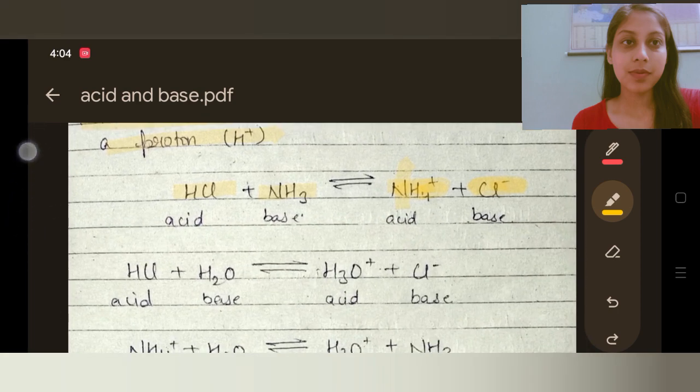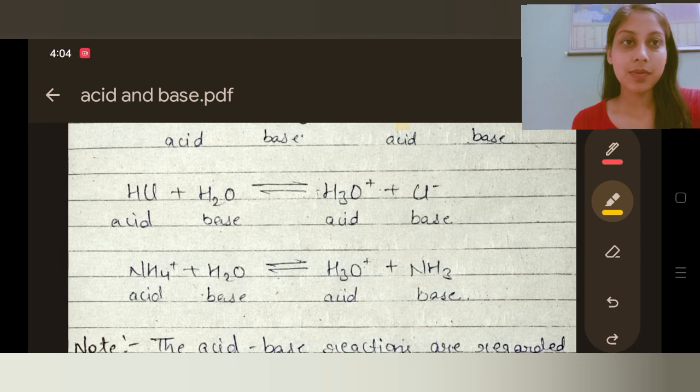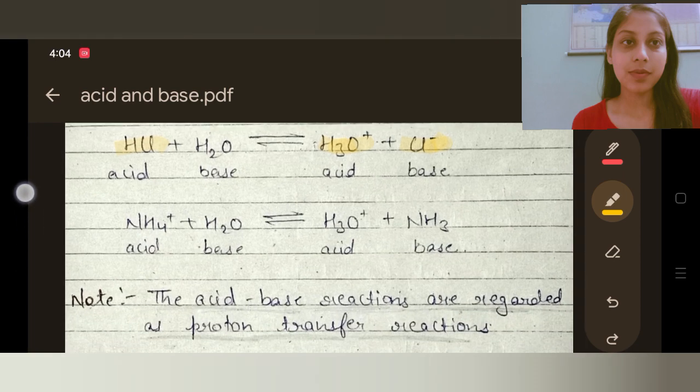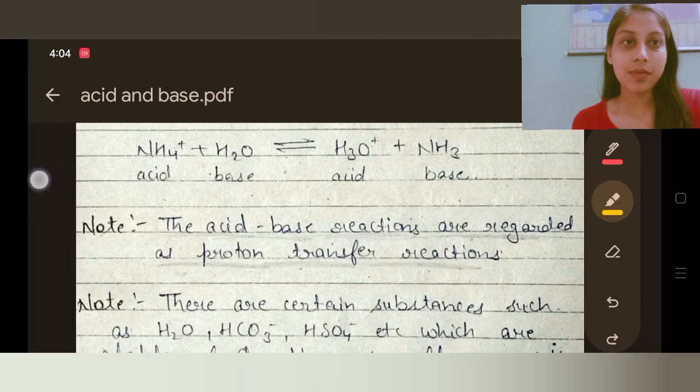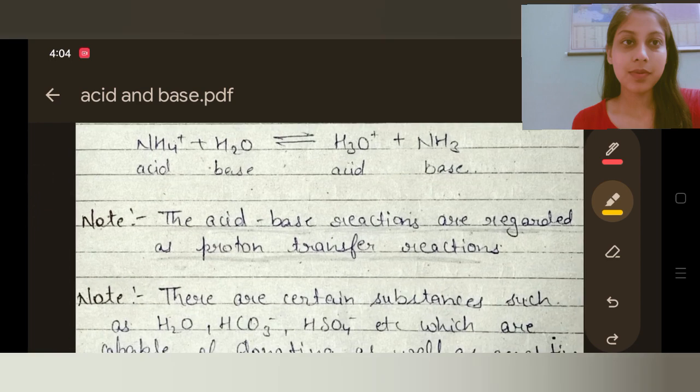Similarly, HCl plus H2O gives H3O+ ion plus Cl- ion. NH4+ plus H2O gives H3O+ plus NH3. Note, acid-base reactions are also regarded as proton transfer reactions.